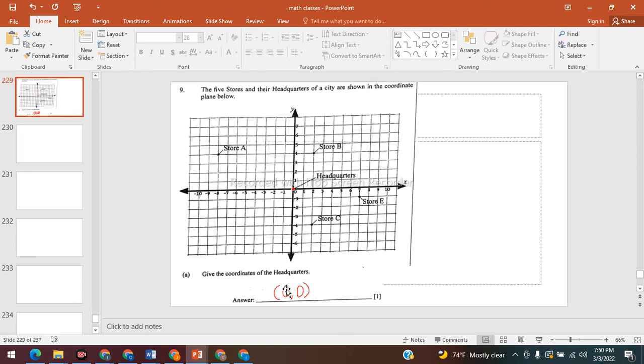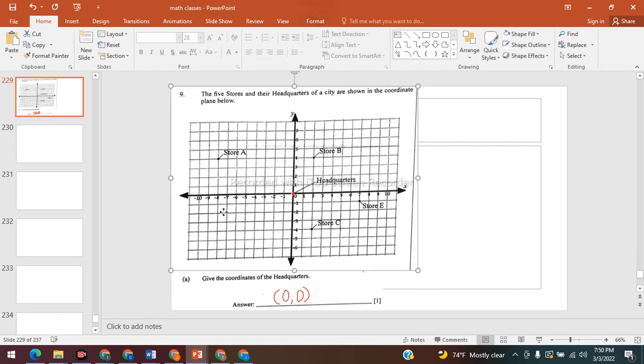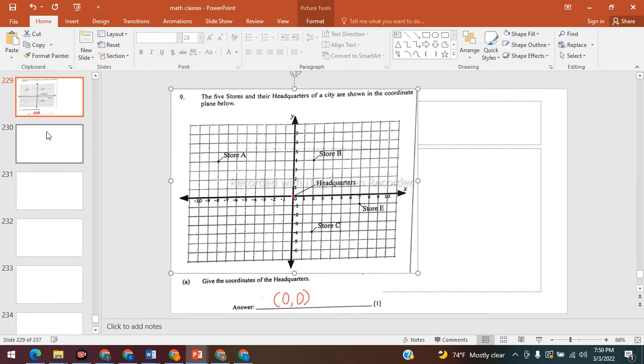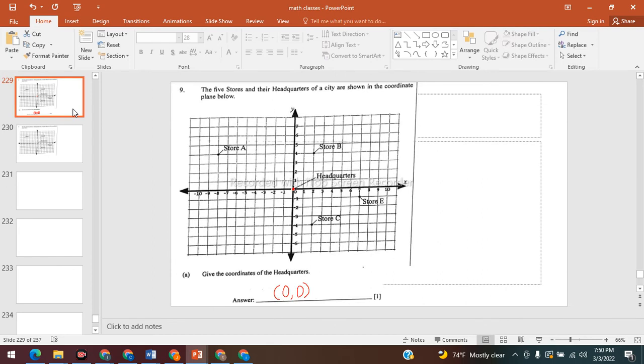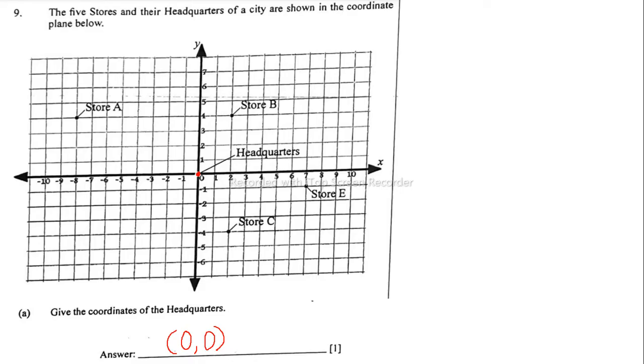Alright, so Mr. Petit, don't change it yet, please. I still have to draw on the graph. I don't know why the graph comes in every question. Okay, let me get the question, please. Thank you.